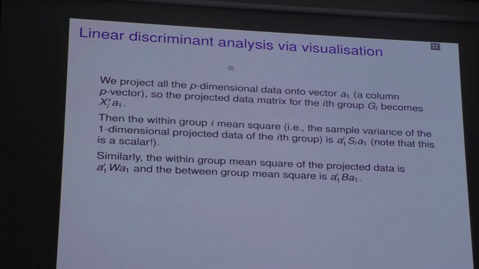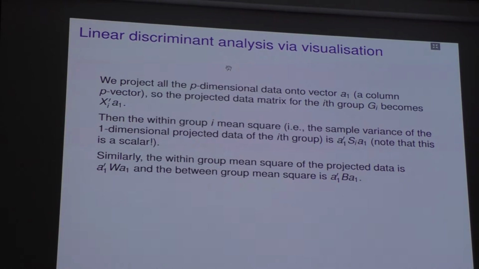And exactly the same way, the within group mean square of the projected data is a dash W a, and the between group mean square of the projected data in the same way is a dash B a.